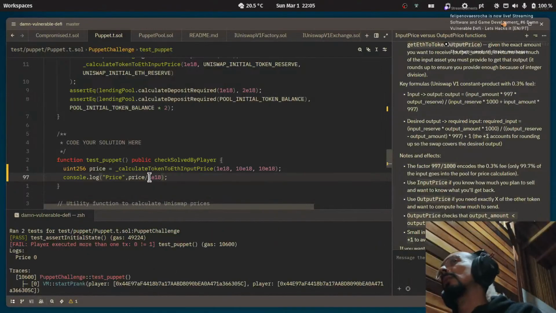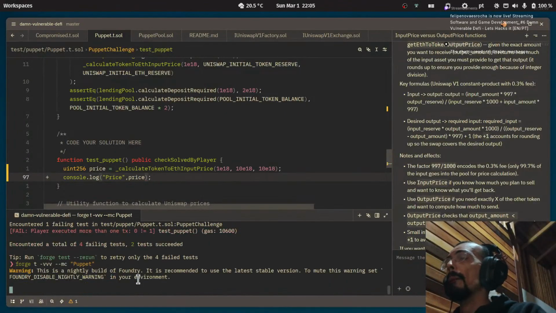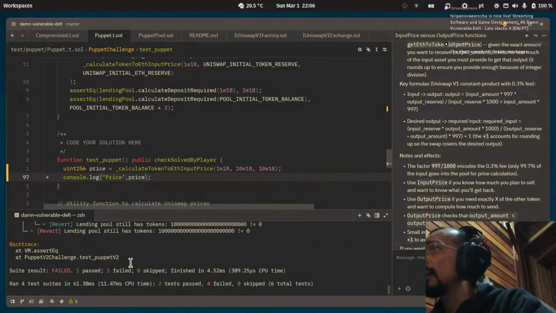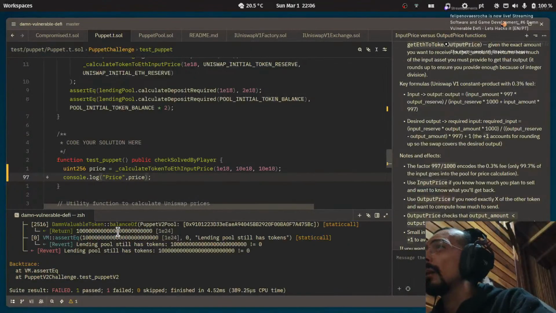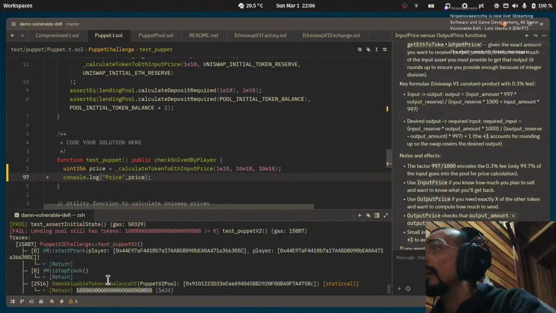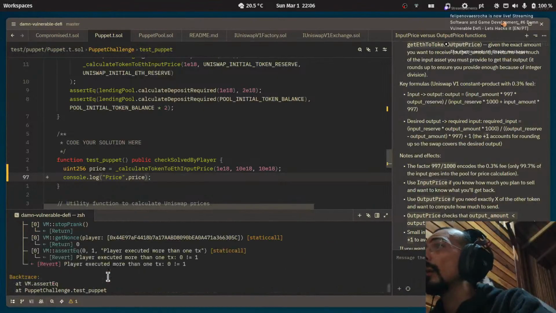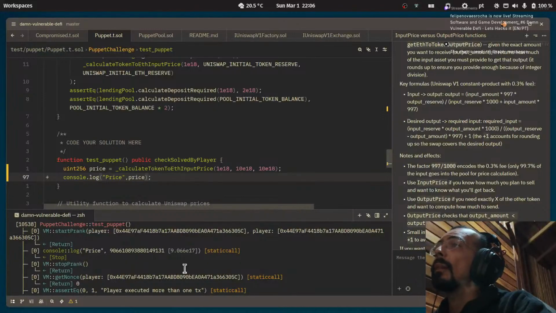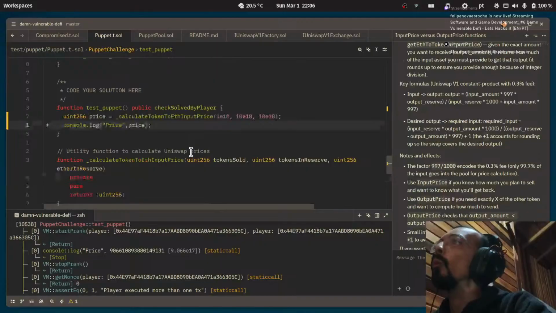Oh, that was less than 1. Okay, so I cannot divide. I think we can see here, yeah, we can see here 9 and 17. Those should be 0.9. So a little less than 1.